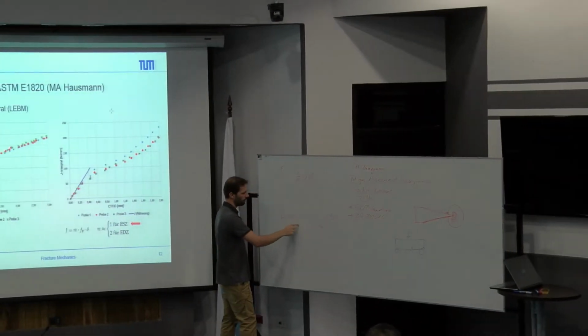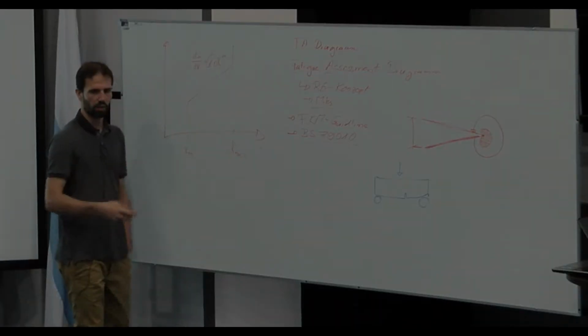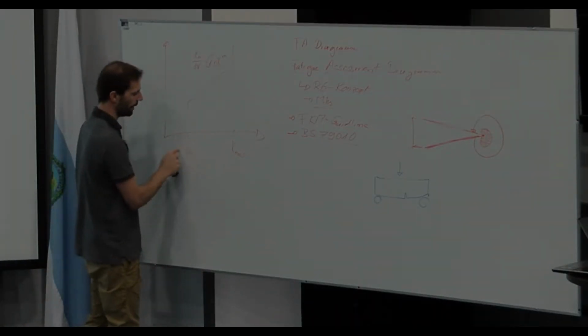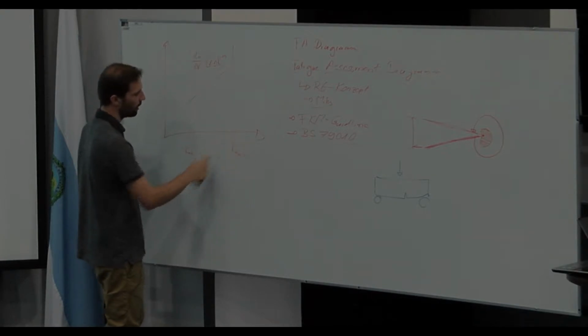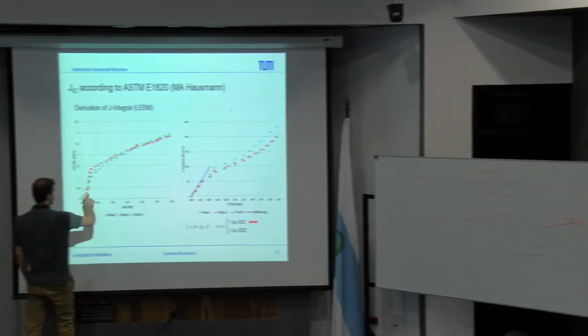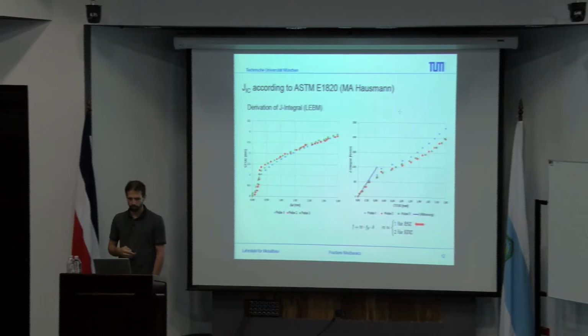And if we start our testing, we are also increasing our loads. So we start here with a K threshold, which is quite small. And at the end, we also get here some basic information about the K threshold and our crack propagation.